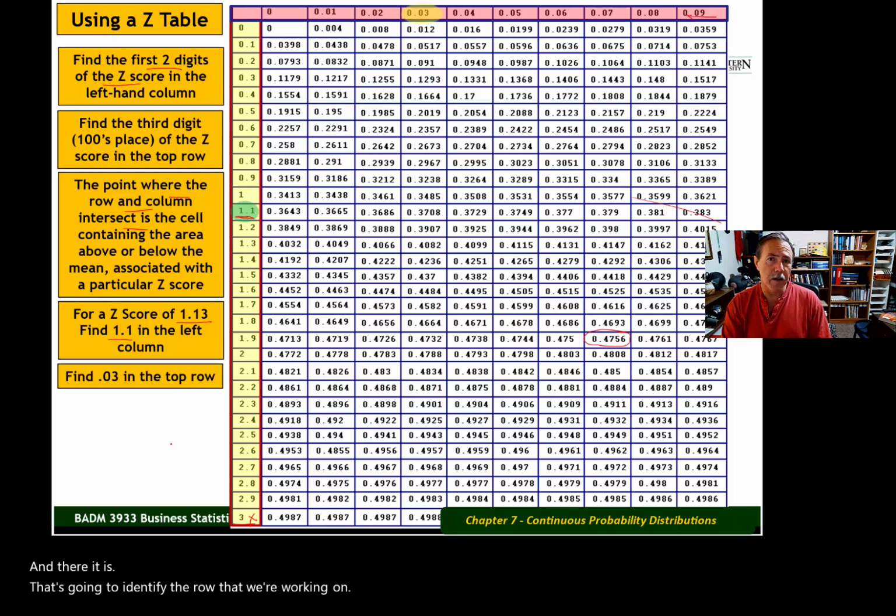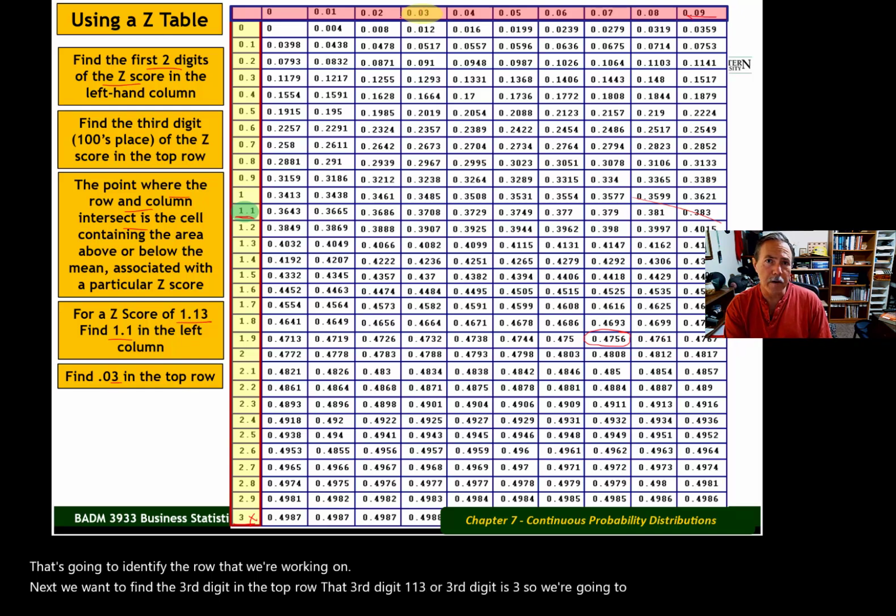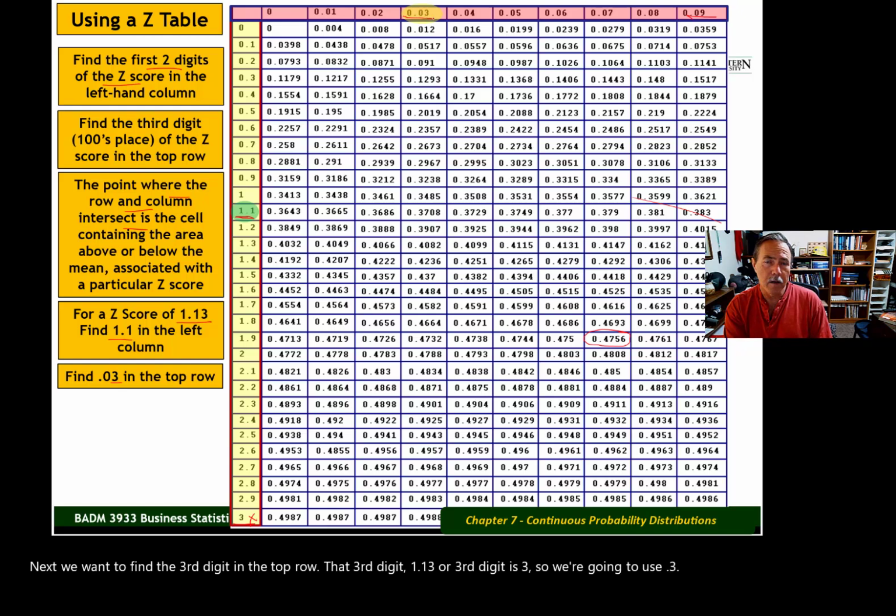Next, we want to find the third digit in the top row. The third digit of 1.13 is 3. So we're going to use 0.03 to find the area value associated with the z-score. This identifies the column that we're using.